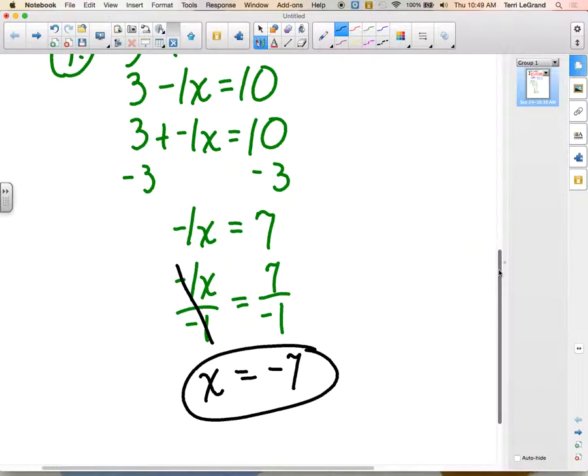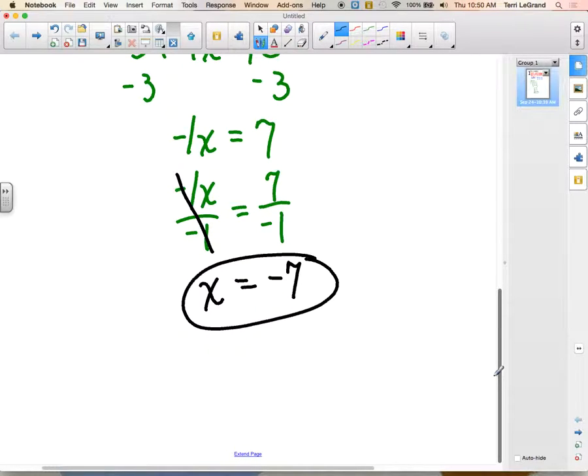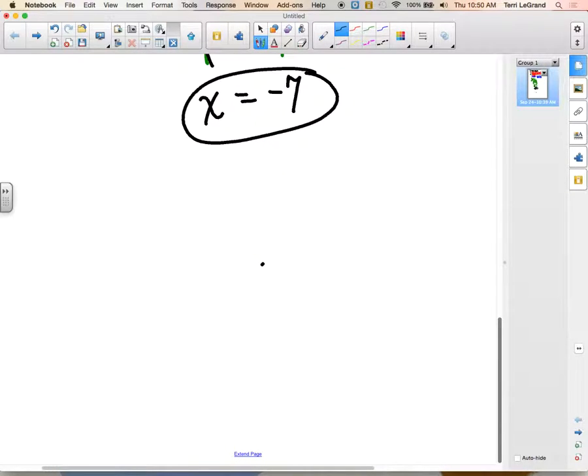Okay, so here's what typically happens when students don't do all of these extra little steps that I threw in here. I'll show you what would probably happen. There's a couple of different things that would happen when somebody is solving this. You don't have to show this in your notes, but let me give you a picture of the kinds of things I see when students are trying to solve a problem like this.